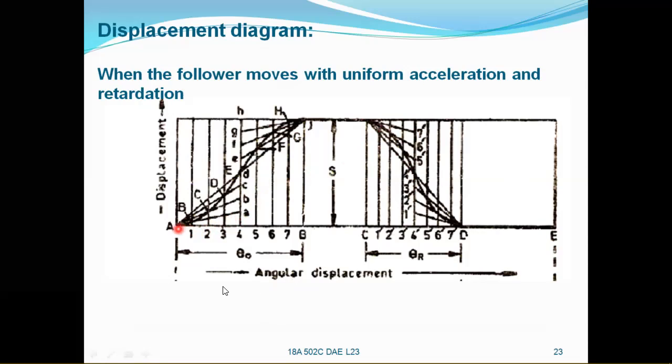After division, simply join A to the first point, which is going to intersect the first line at point P1, and then to the second point, which is going to intersect the second line at P2, and then to the third, which is going to intersect the third line at point P3, and similarly up to this last point.